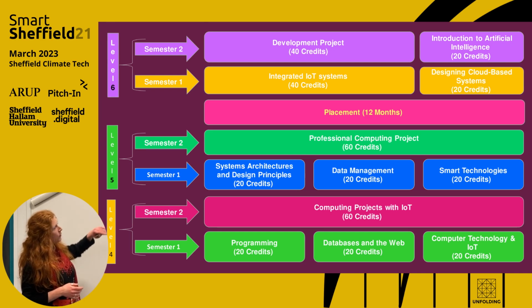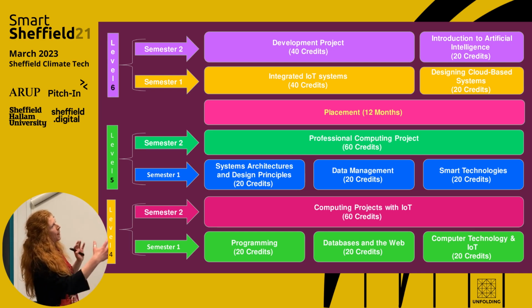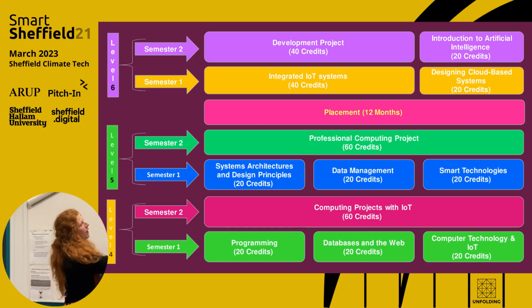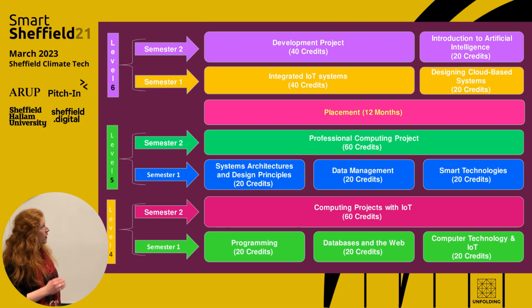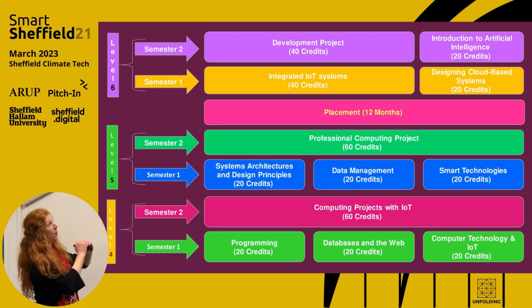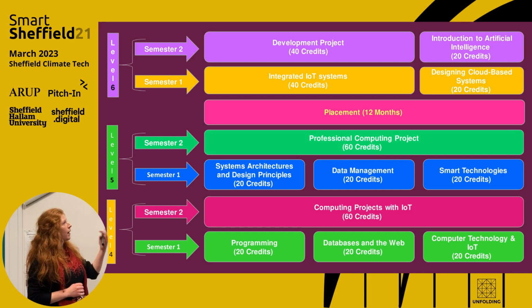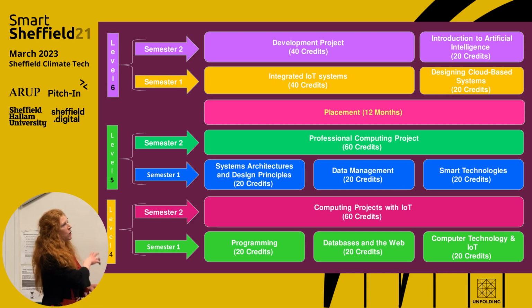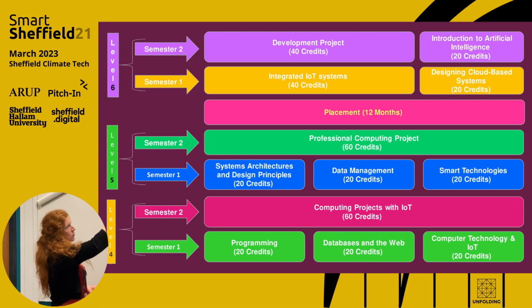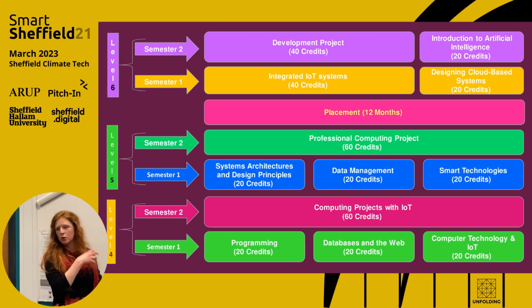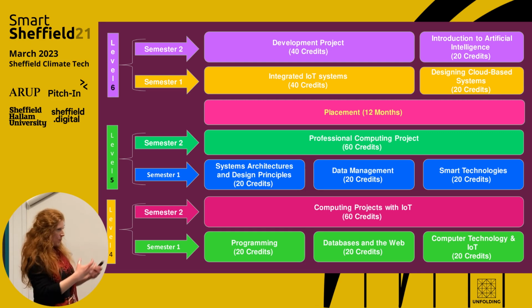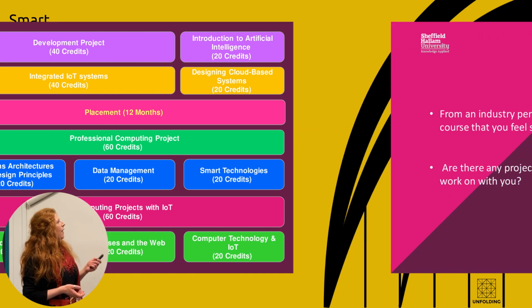Then the final year is a big project, which is an integrated IoT system and a cloud-based module where they look at deploying cloud-based systems, and then of course their dissertation, and their introduction to artificial intelligence at the end. It's not something we focus on as a degree, but you do find it in smart systems too, so giving them a basic overview of that we also feel is important.